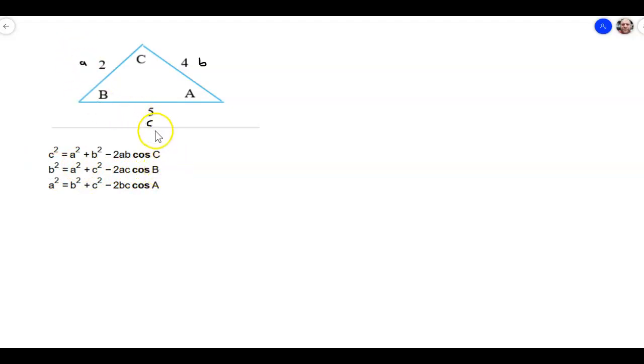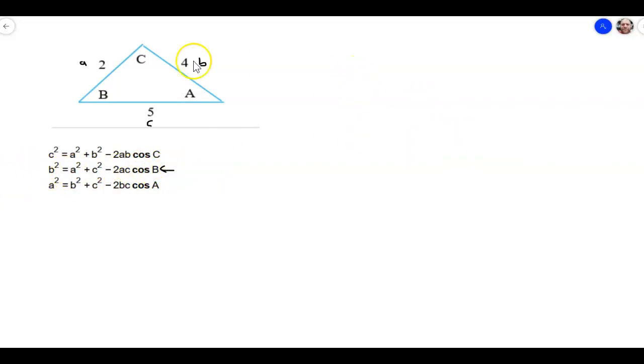Remember, I already notated it, but the names of our sides will be the same as the opposite angles. So the side opposite angle C will be lowercase c, and so on. If we use this second equation to first solve for angle B, I'm going to substitute everything in.